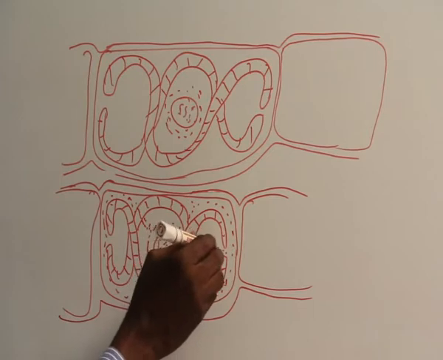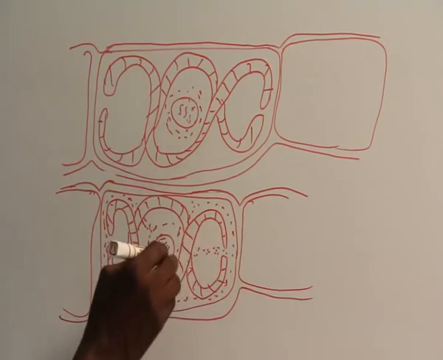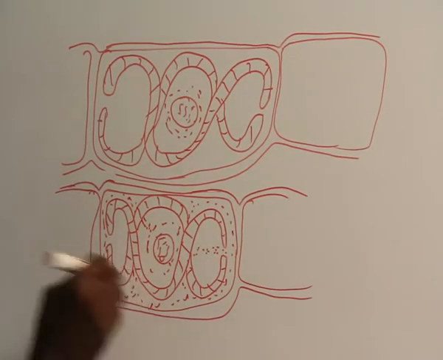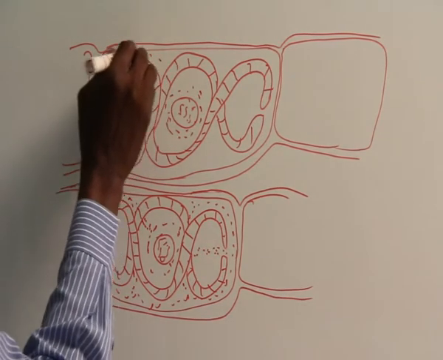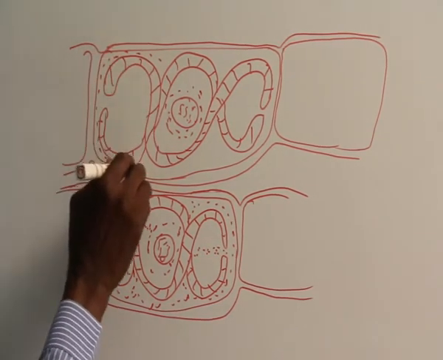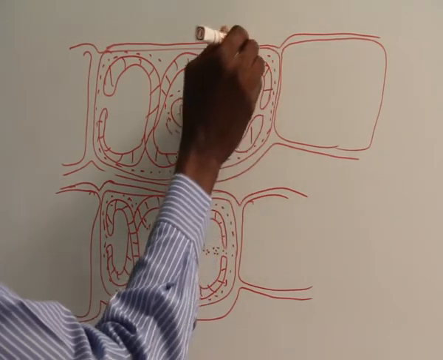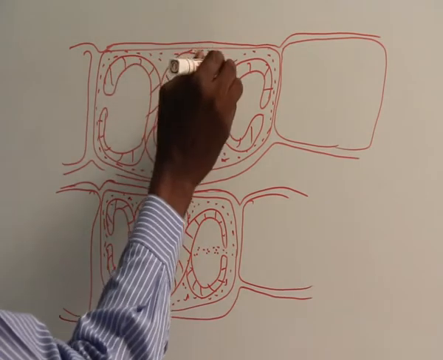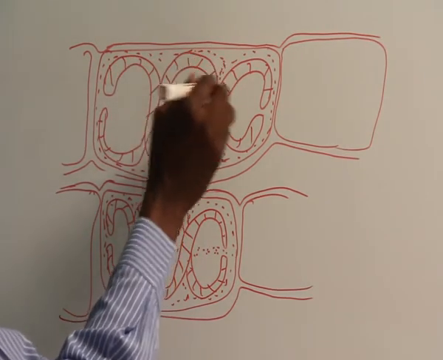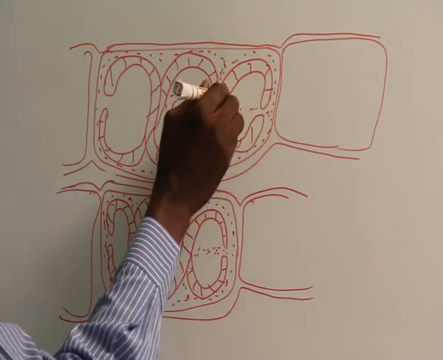These ones are called cytoplasmic strands. Cytoplasm, then from here radiating to the center, from here radiating to the center.